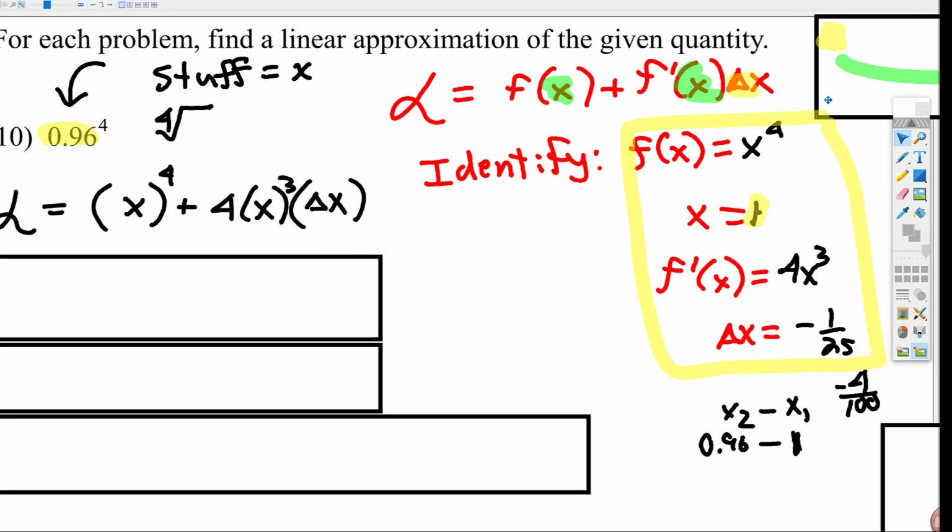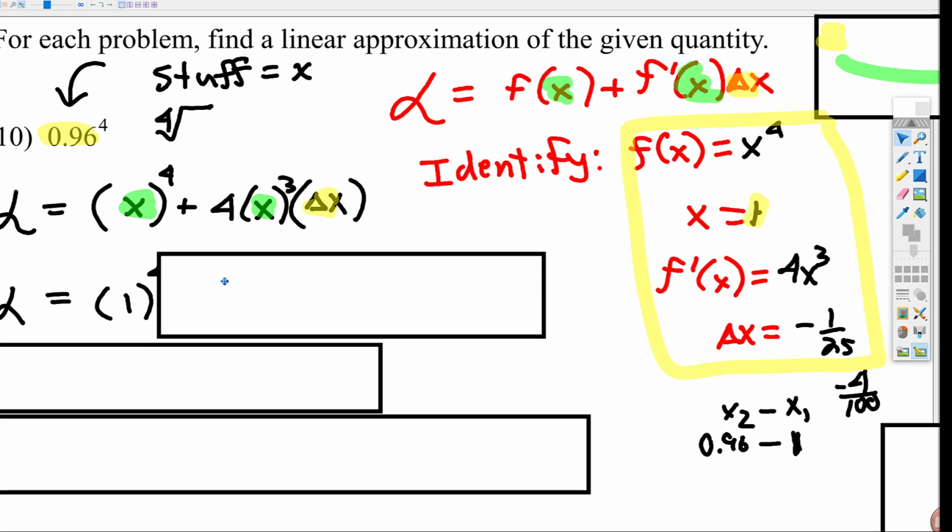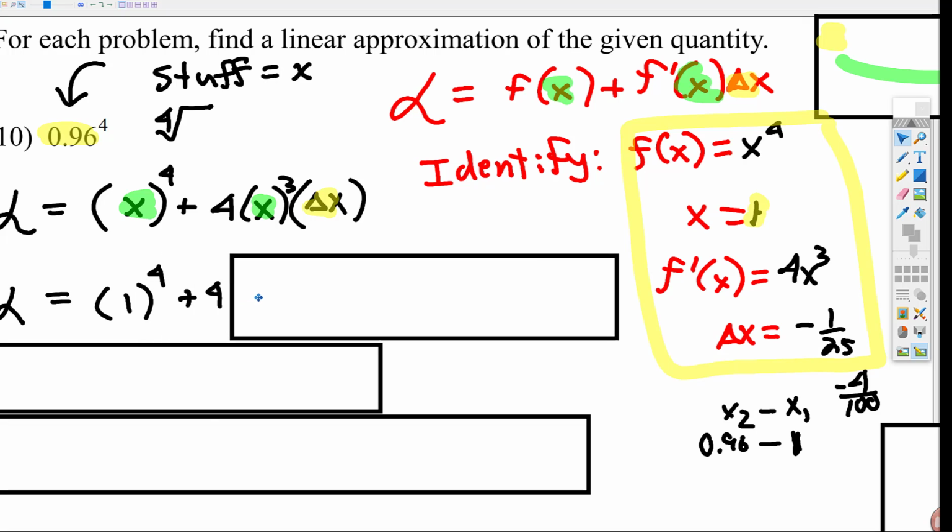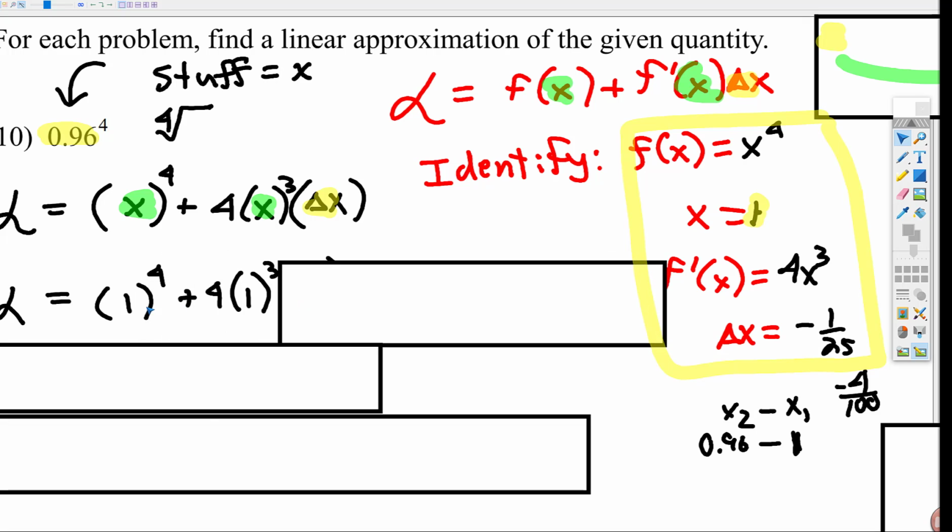All right, now we're going to plug in values. So 1 is our x, so 1 to the fourth, plus 4 times 1 cubed. Well, that's easy.